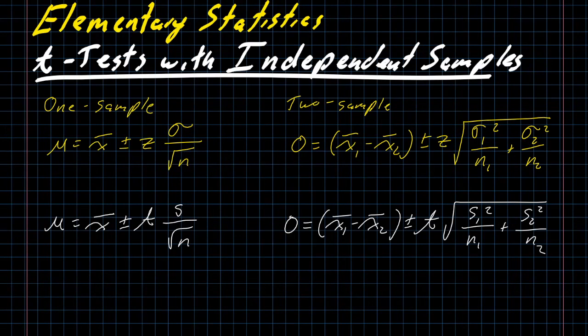The one thing that we needed differently about the t-test compared to the z-test was our degrees of freedom, which in the one sample test was n minus 1. In the two sample test, things get a little bit messy.